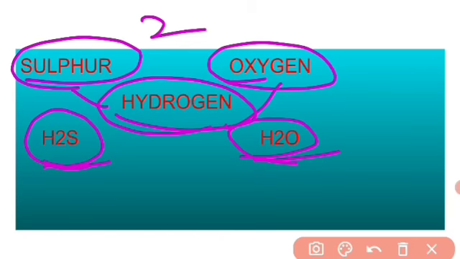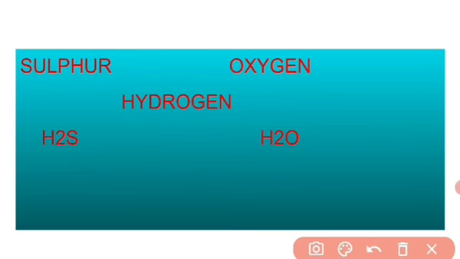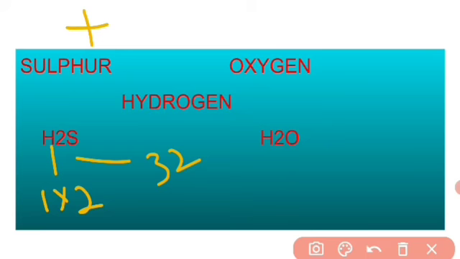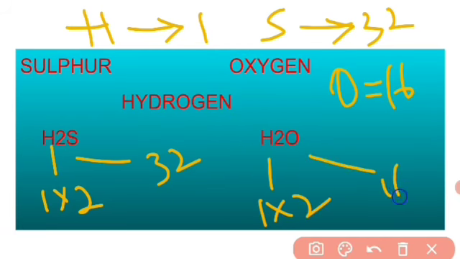Hydrogen sulfide, water. Now see what we are going to do. H2 it will be 1 into 2, sulfur is 32. You already know that hydrogen it is 1, sulfur it is 32. Here it will be again 1 into 2, and oxygen it is 16.